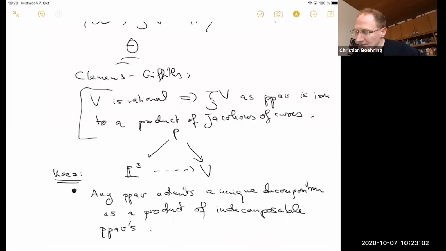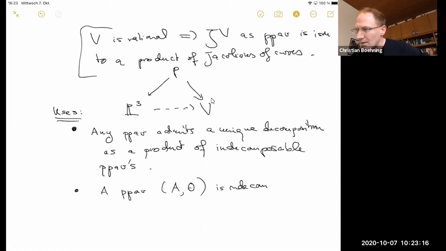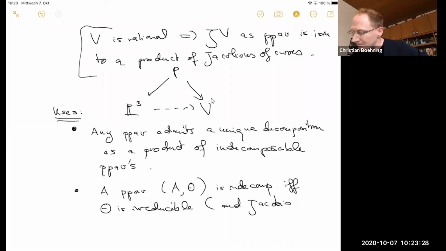And moreover, Jacobians of curves are indecomposable. A principally polarized abelian variety A, say with polarizing divisor theta, is indecomposable if and only if this theta is irreducible. So Jacobians of curves are indecomposable.